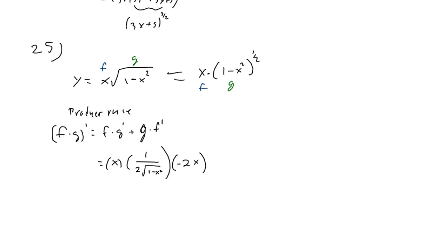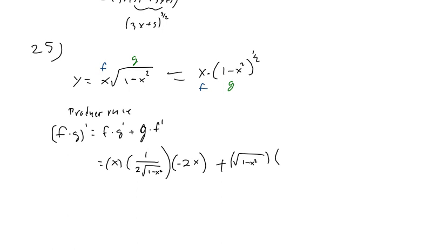So first times derivative of the second, x times this whole piece here, plus the second. Now I leave my radical the same. We'll write it as a square root, 1 minus x squared, times the derivative of the first. Second leave alone, times derivative of the x part.